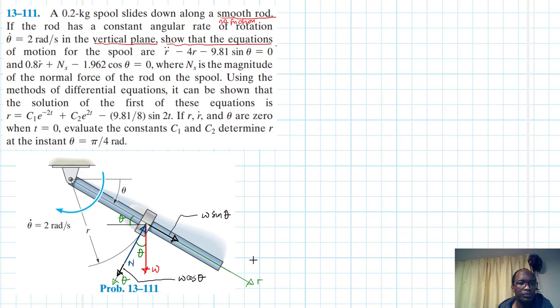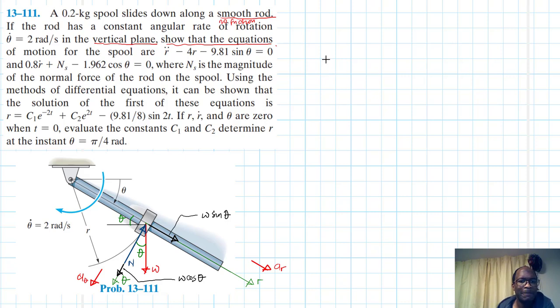With this information, we can begin working the problem. We have the kinetic diagram in that direction, showing the direction of the motion. This is our a_r arrow, this is our a_theta.